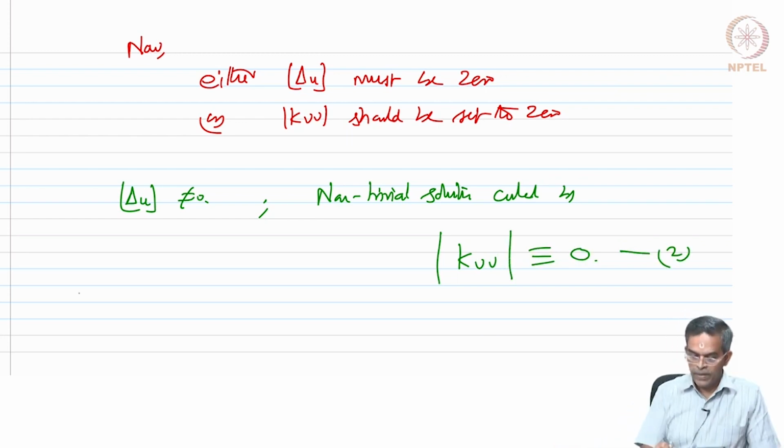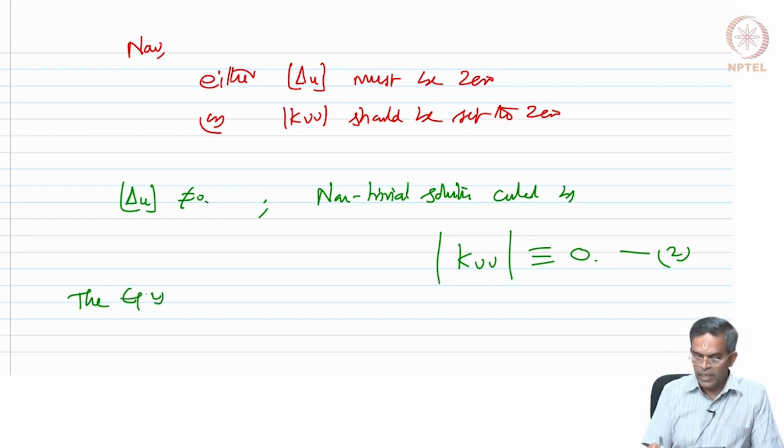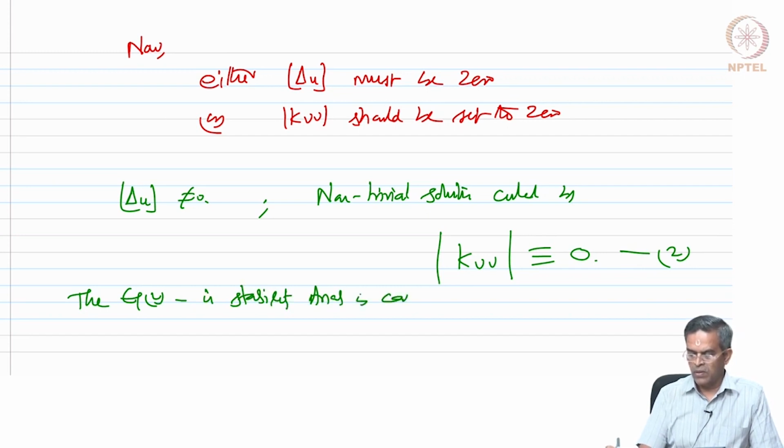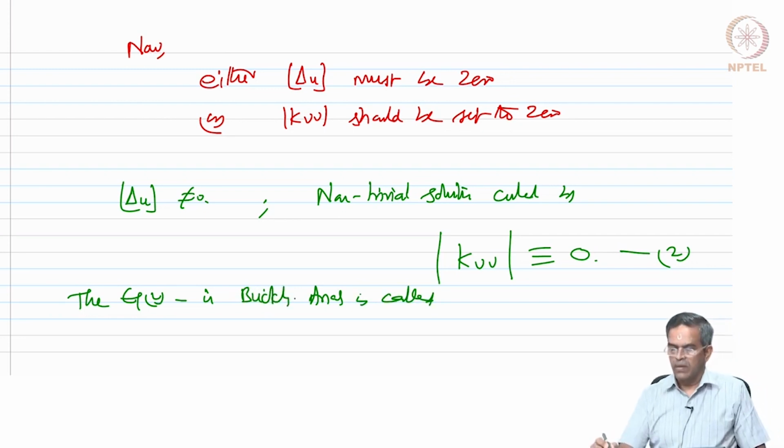Okay. The equation 2 in buckling analysis is called characteristic determinant.